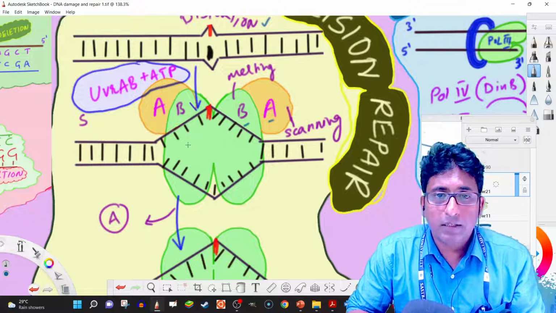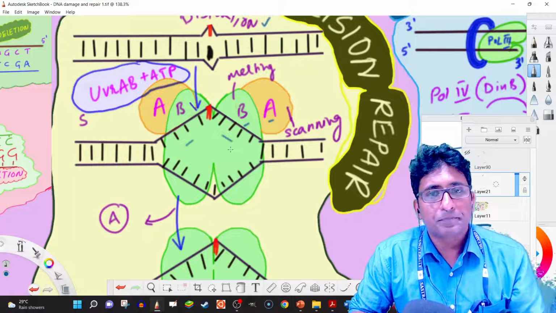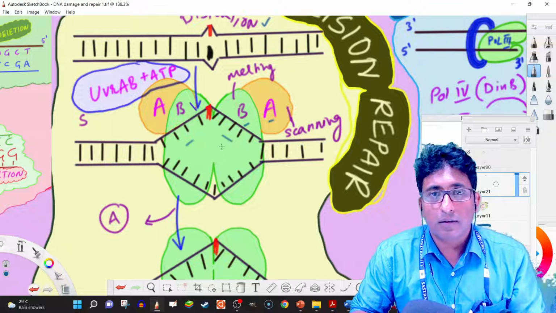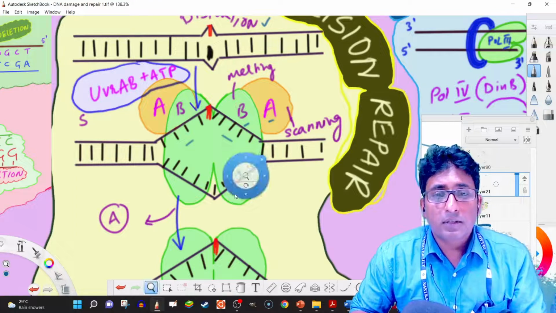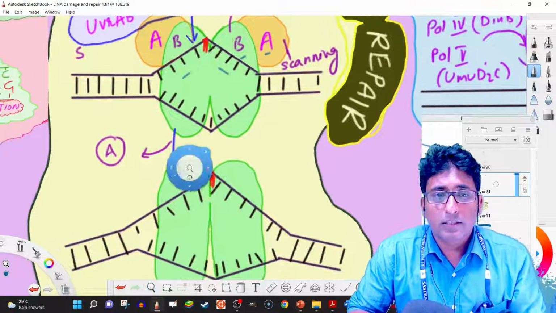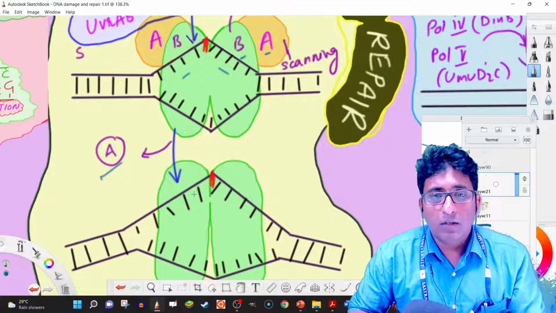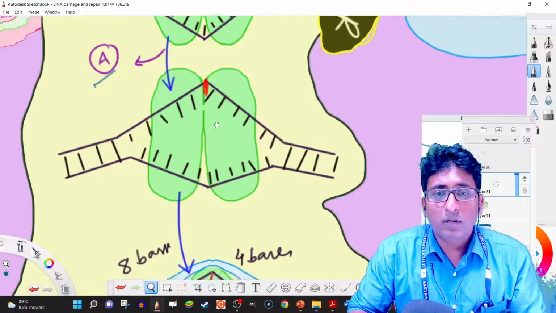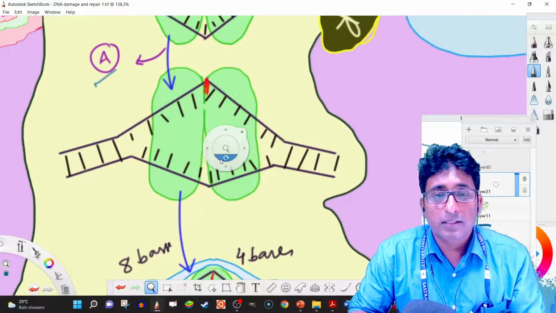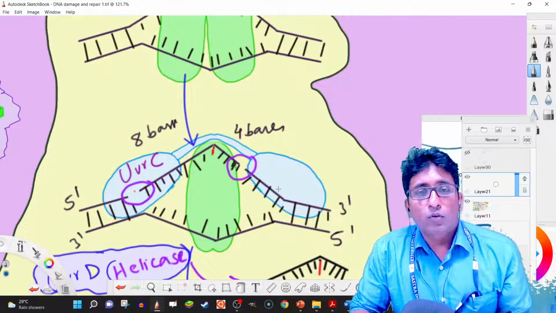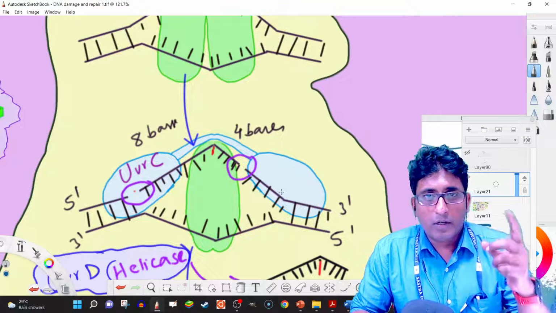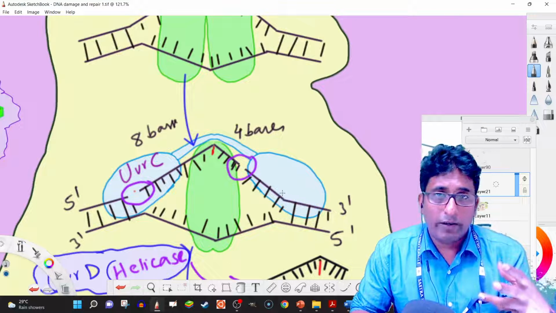So we'll see that there are many bases that are denatured in this location. Once that happens, UVRA is removed and UVRB is still bound at the location, and then there is recruitment of UVRC. So UVRA, UVRB, and now we have UVRC.